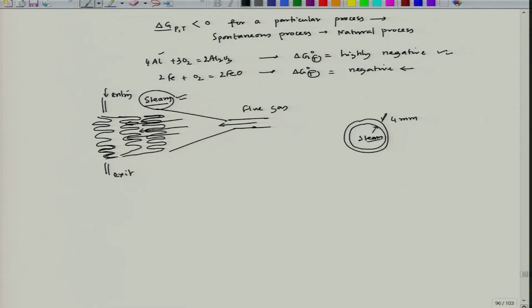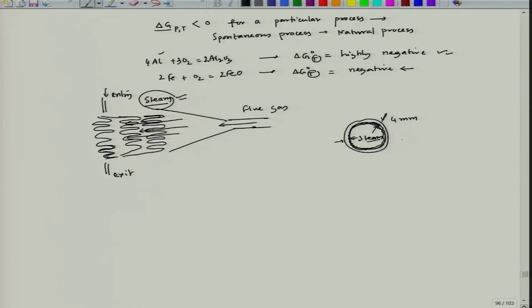The steam can react with iron and form oxides, and these oxides will form on the inside wall, and then gradually this oxide will eat away the metal part. So, the actual metal segment is thinned down, and this steam also has some extra positive pressure. That pressure might fracture or rupture this outer wall when the wall thickness reduces.